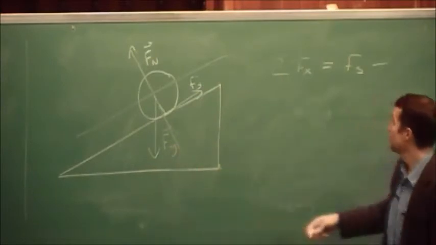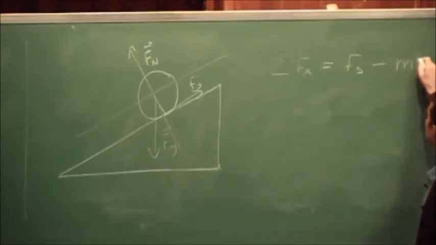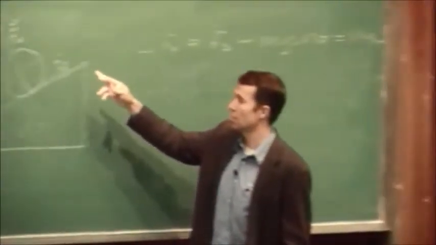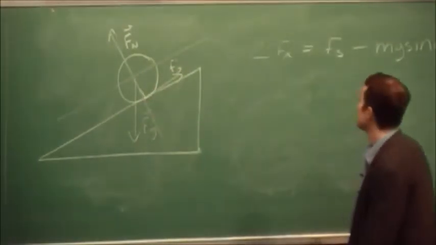Okay, we have Fg sine theta, so we'll say minus mg sine theta, and that's going to be equal to the mass times the acceleration of the center of mass. We put center of mass to remember that we're considering this about the center of mass.